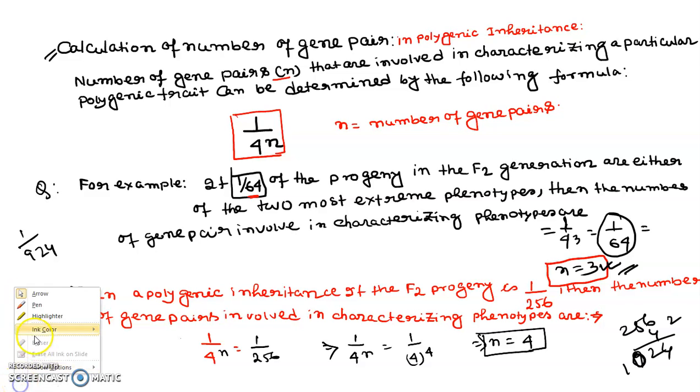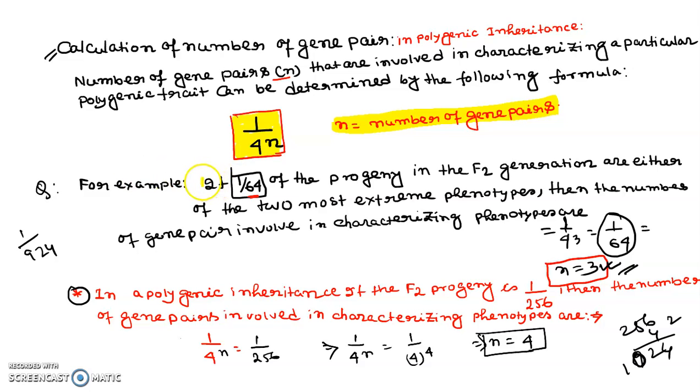The formula is 1 by 4 to the power n, where n is the number of gene pairs.